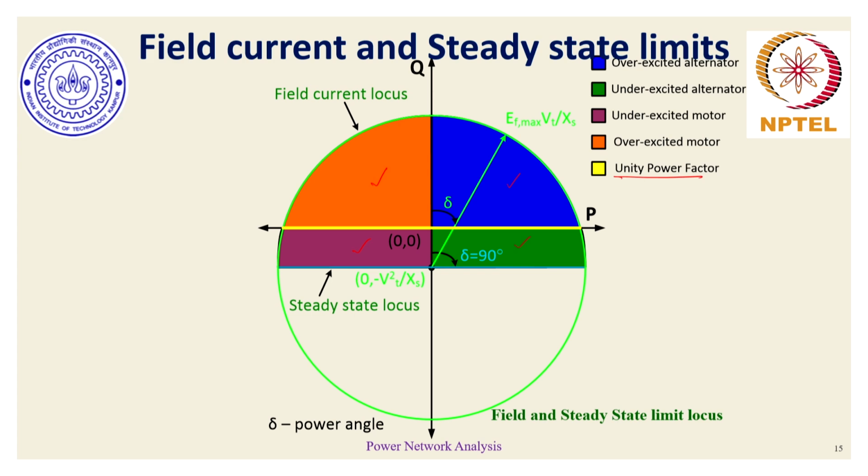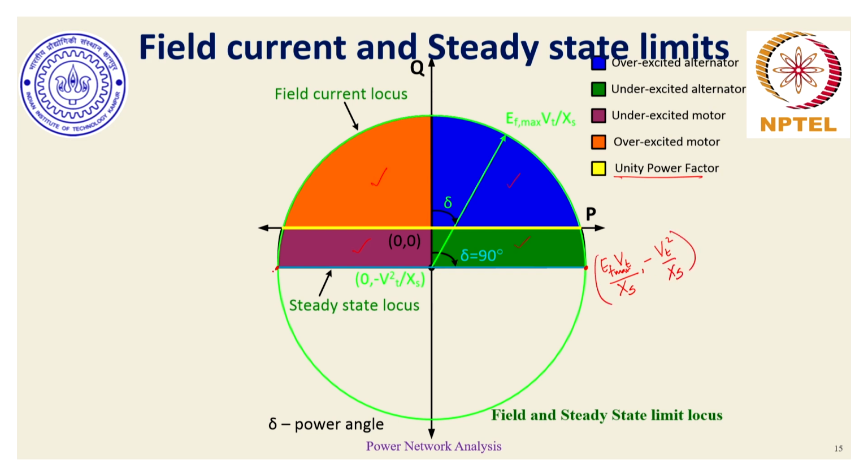And now just to pick up your brains, if we have to find these specific points on the PQ plane, that's where the equations of blue line and the green color line would come in handy. If we were to find the point which I have marked over here, then this point would typically be Ef max Vt by Xs, with minus Vt square by Xs at the corresponding Q point.